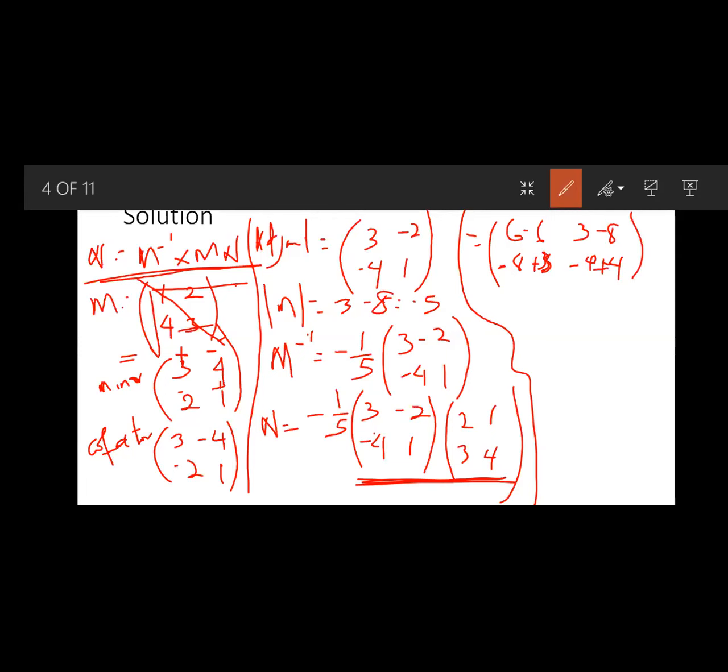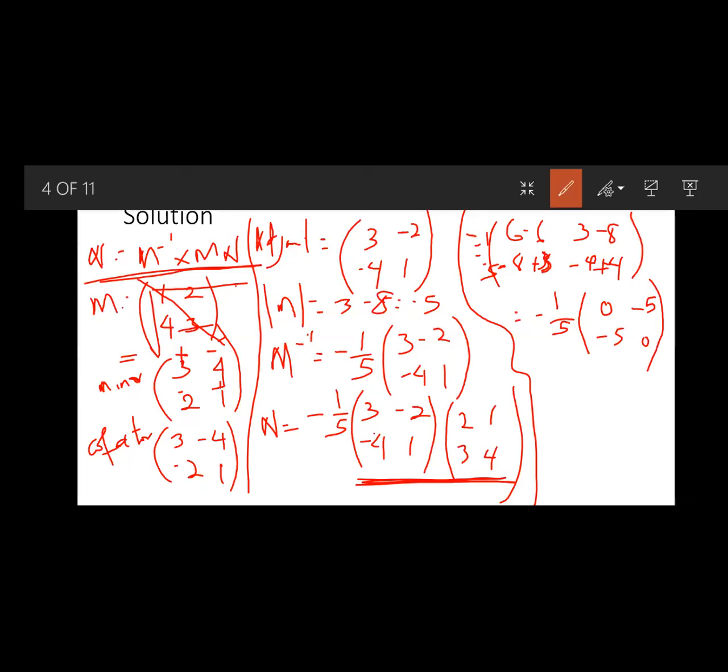So we have minus 1 over 5 in the front. Minus 1 over 5 multiplied by [6 minus 6, 0; 3 minus 8, minus 5; minus 4 plus 4, 0].